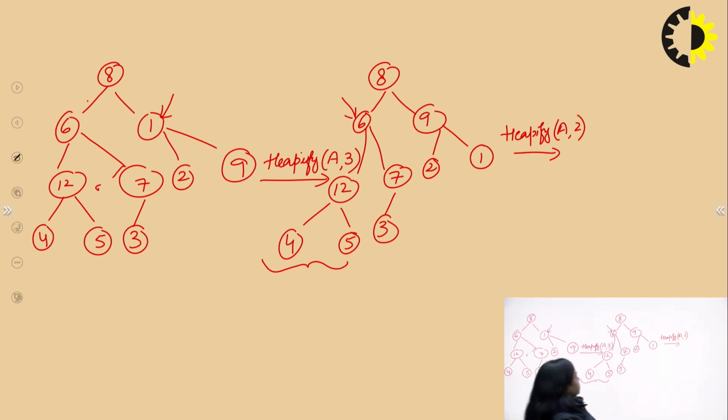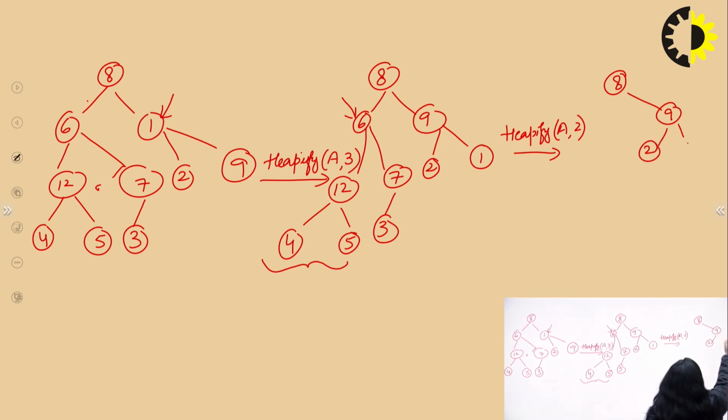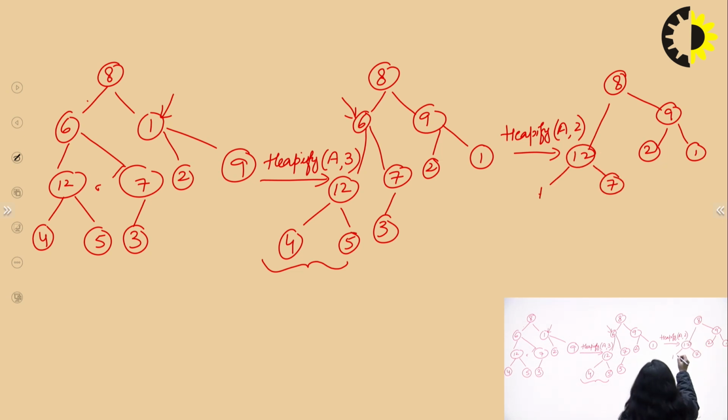So into this case, they are smaller, so we will do no swapping. But 12 will be swapped with the 6. Now the tree becomes 8, 9, 2, 1, 12, 7, 6, 3, 5 and 4.